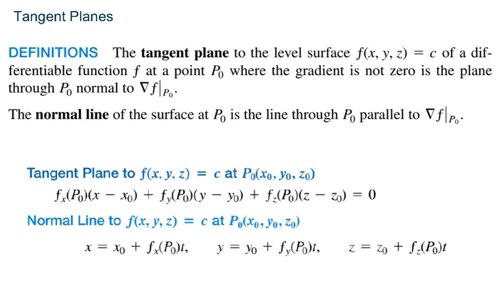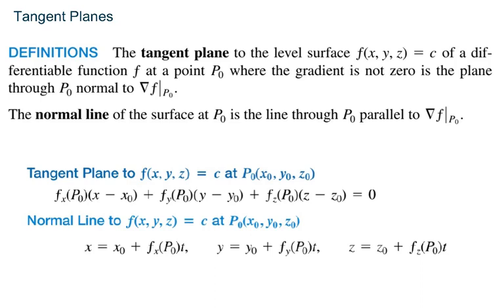And then the normal line is parametrized by the following x, y, and z. We take the x naught, y naught, z naught from the point, and then we add the partial of f with respect to x at the point, the partial with respect to y at the point, and the partial with respect to z at the point, all multiplied by t.